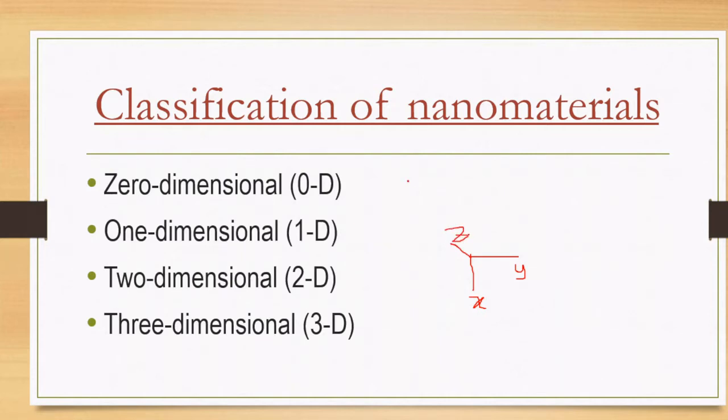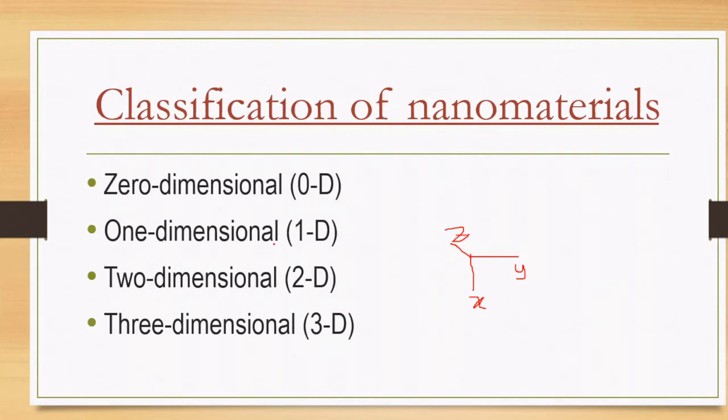So, among three dimensions, if no dimensions are on macro scale, and all these three dimensions are on nanoscale, we call it 0-dimensional or 0D.